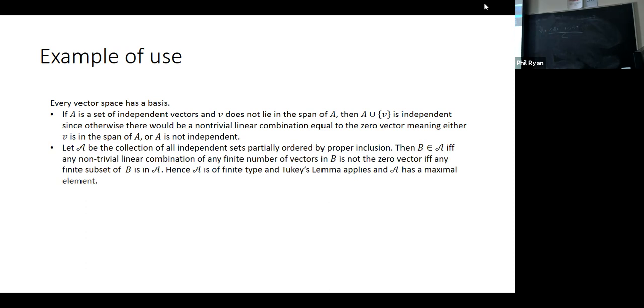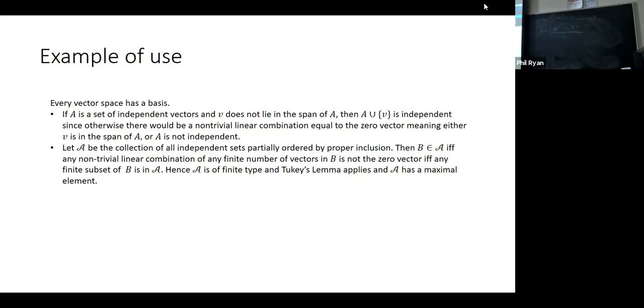So now we use Zorn's lemma. Oh, we're going to use Tukey's lemma. We'll do it both ways. Let A be a collection of all the independent sets partially ordered by proper inclusion. Then B, some set of vectors, is going to be in A if and only if any non-trivial linear combination of any finite number of vectors of B is not a zero vector.